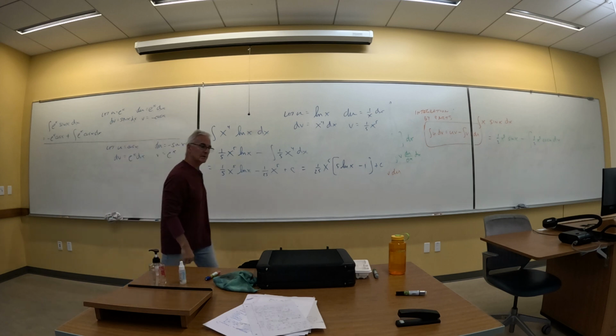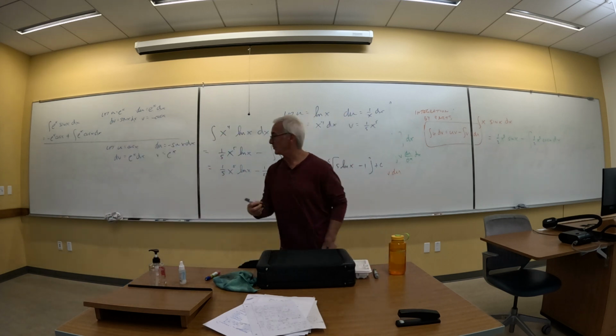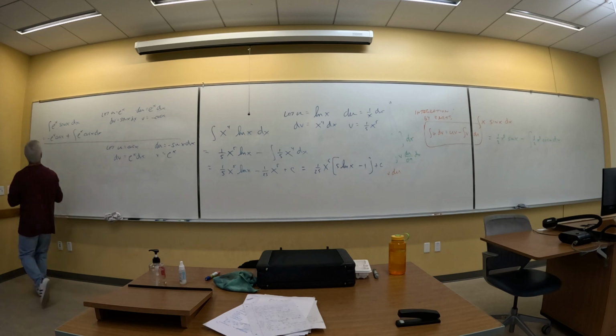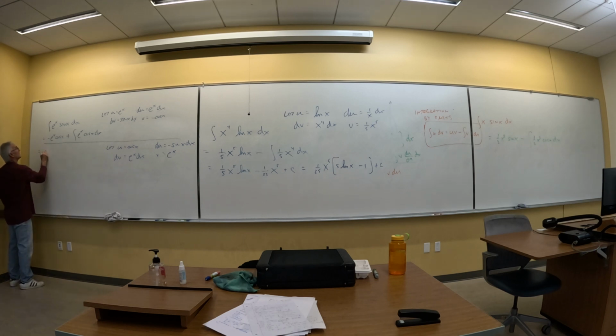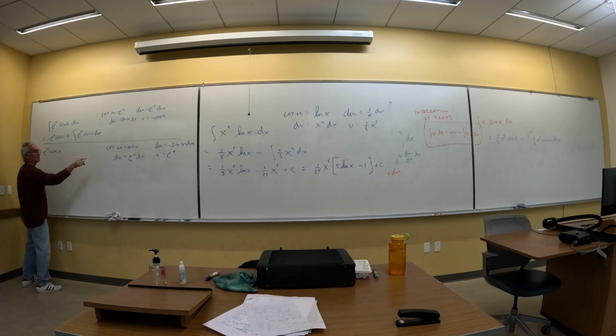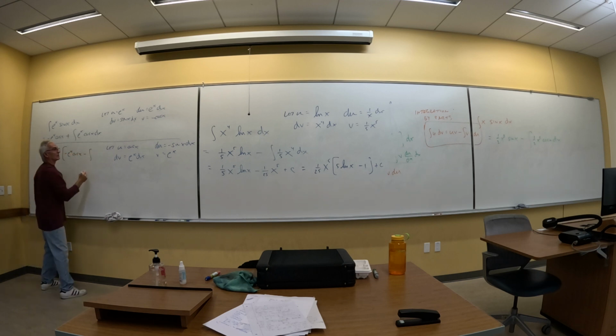All right, so this is uv, negative e to the x cos x, minus the integral of v du, so that's going to be plus the integral of e to the x sine x dx.